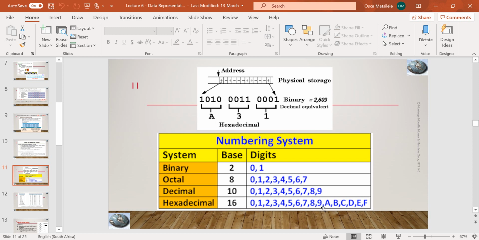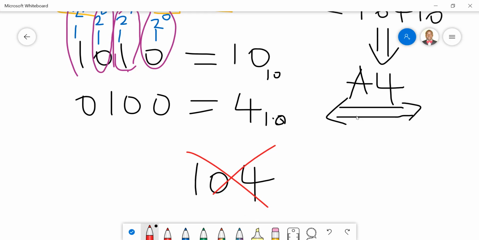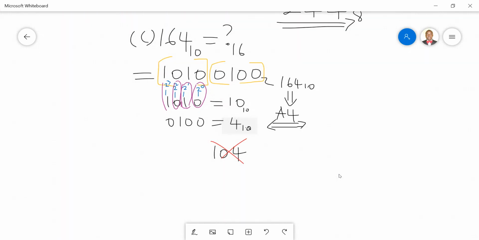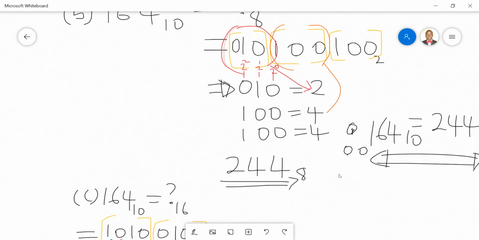When it goes to 9, after 9, the 10 is represented by A, 11 by B, and so on. So that is why here we have A4. I hope you understand everything and you will be able to do all these things.